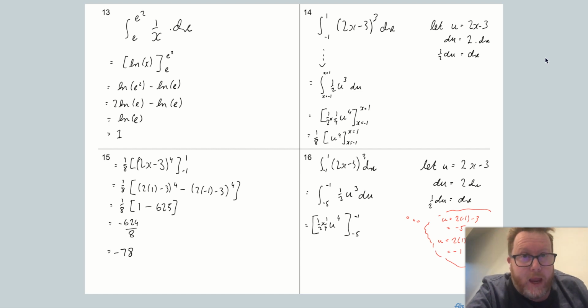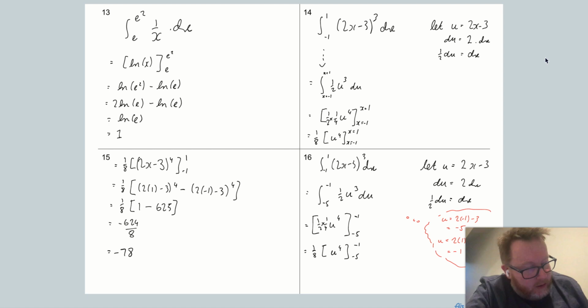So notice there are no x's involved at all, and nor do I ever go back to the x's. So from here, I'm just going to shortcut a little bit. 1/8 of u to the power of 4 between minus 5 and minus 1. And now I'm going to do my substitution in, and I'm going to have 1/8 of (minus 1 to the power of 4 minus negative 5 to the power of 4).